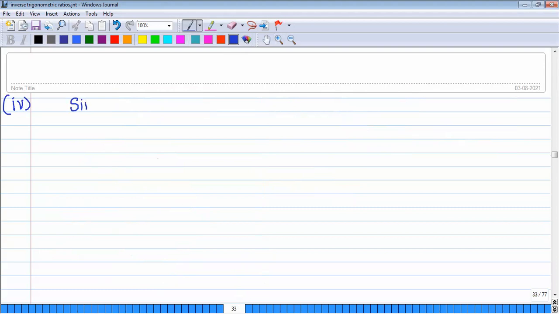Sin inverse of 2 cos square theta minus 1 plus cos inverse of 1 minus 2 sin square theta. This is the question, so find this value.